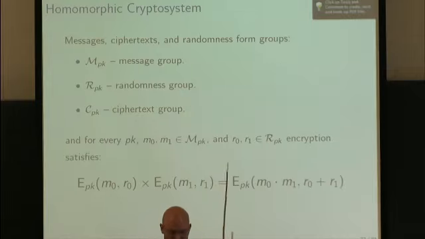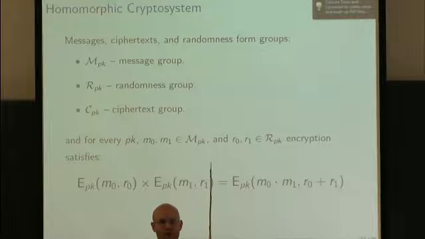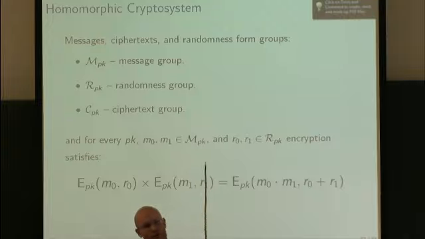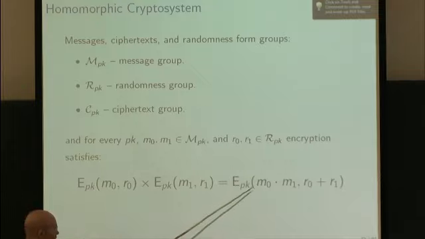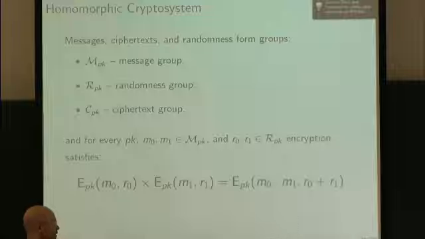Okay, so what is implemented? For those of you who really know this stuff, this is not going to be any news. We start with a homomorphic cryptosystem like El Gamal, and the nice property about this is that the message group, the randomness group, and the ciphertext group are all groups, and you have this nice homomorphic property that if you multiply two ciphertexts, you get a new ciphertext where you have basically multiplied the messages and added the randomness.